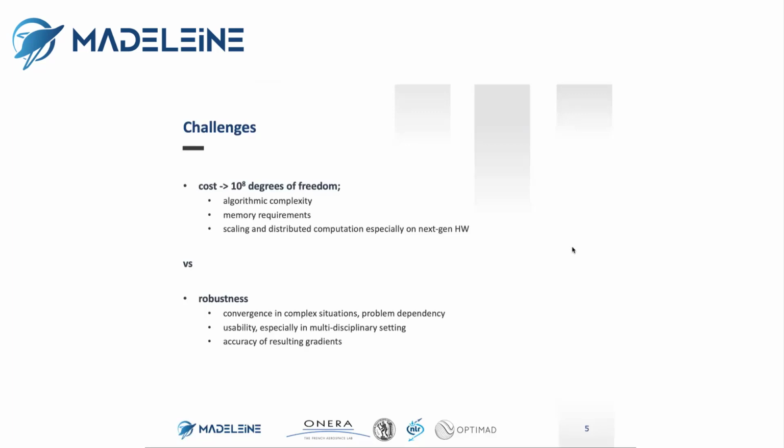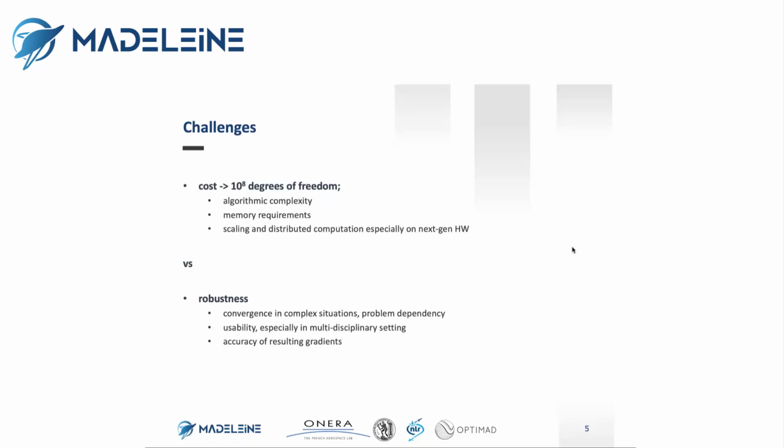But of course, also robustness is a critical aspect, because in industrial production, you don't want to need to tune hundreds of parameters to get the efficiency.